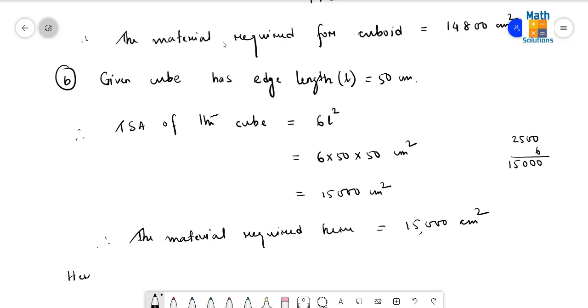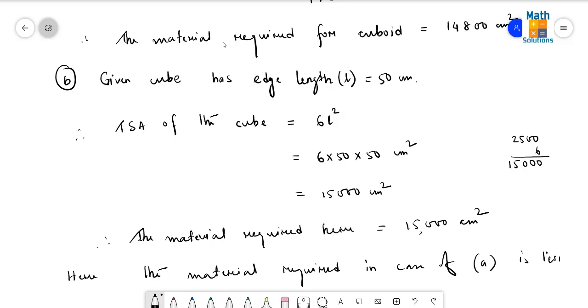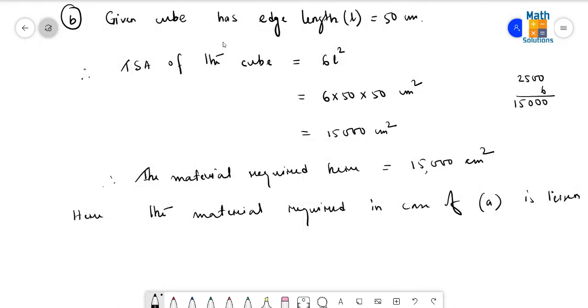Of course, the material required in case of A is lesser than that of B. So this is the answer.